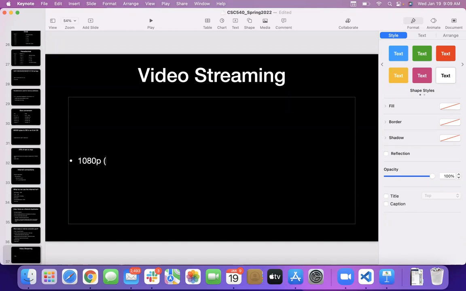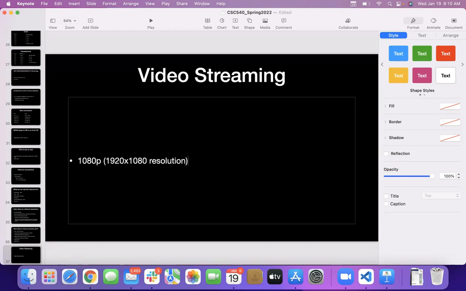That's 1920 by 1080 resolution. When we think about our TV screen, that's the number of pixels the picture is made up of, where a pixel is a little dot of light.